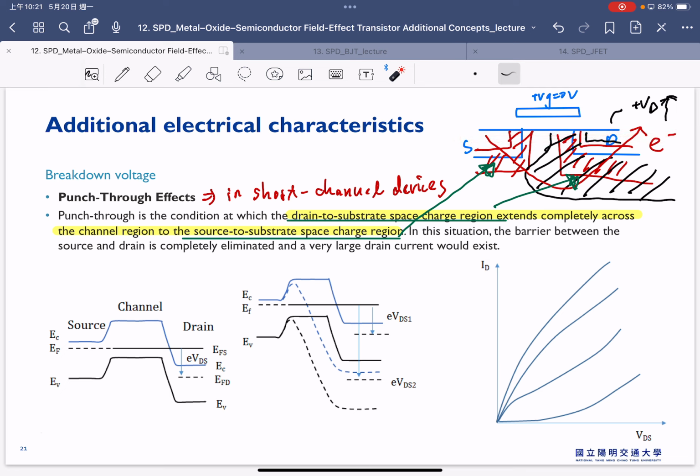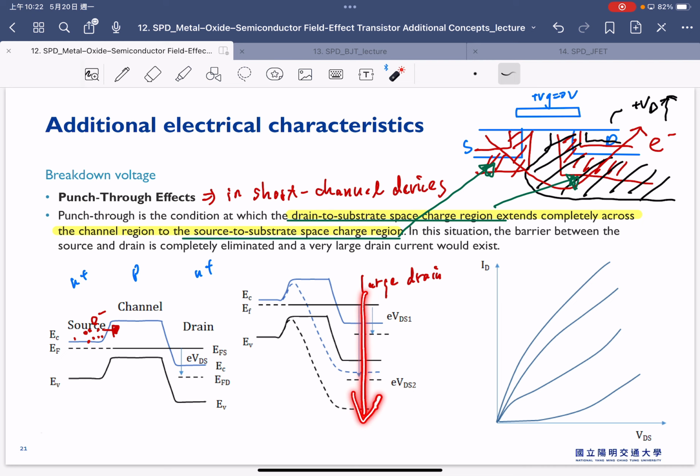So ideally, if you look at the band diagram from the source to the channel to the drain, we have N plus, P, N plus here. So we have a lot of electrons here. But right now, the electrons cannot flow to the right hand side due to the barrier here. But once we have a large drain bias, the drain bias will start to pull down the band diagram here.